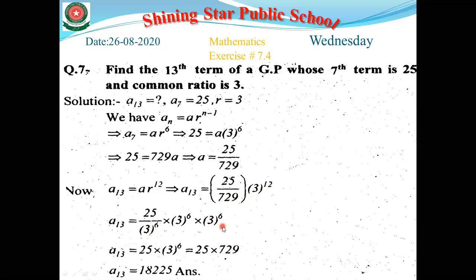Because we know that when we multiply two numbers having the same base, their powers will be added. So it means we can write 3 power 12 as 3 power 6 multiply 3 power 6. Okay. So 3 power 6 cancels with 3 power 6. Now the remaining 3 power 6 is 729. Multiply with 25, it will give you 18,225, which is the 13th term of the GP.